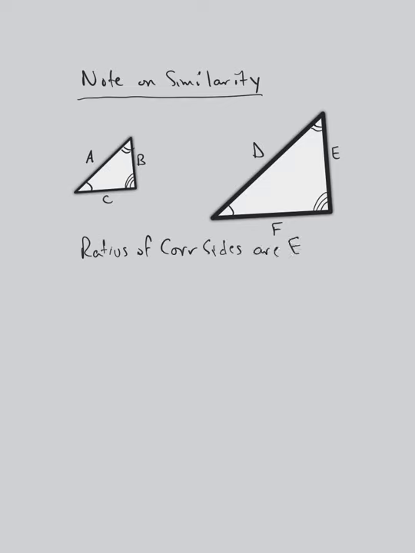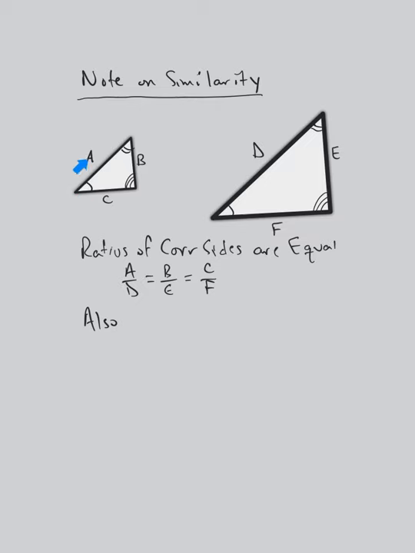And that's true. We're going to do it slightly different whenever we get into trig though. So what that said is that A over D was equal to B over E, and that also is equal to C over F.